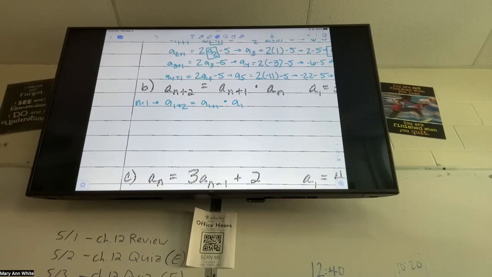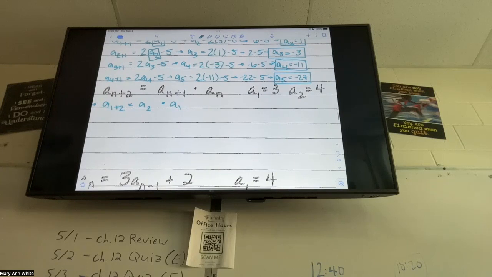Well, we know 1 plus 1 is 2. So that means to get my third term, I'm going to do my second term times my first term. Okay, do I have my second term? What is it? 4, good, and do I have my first term? 3, so 4 times 3 is gonna give me my third term, and my third term is 12.